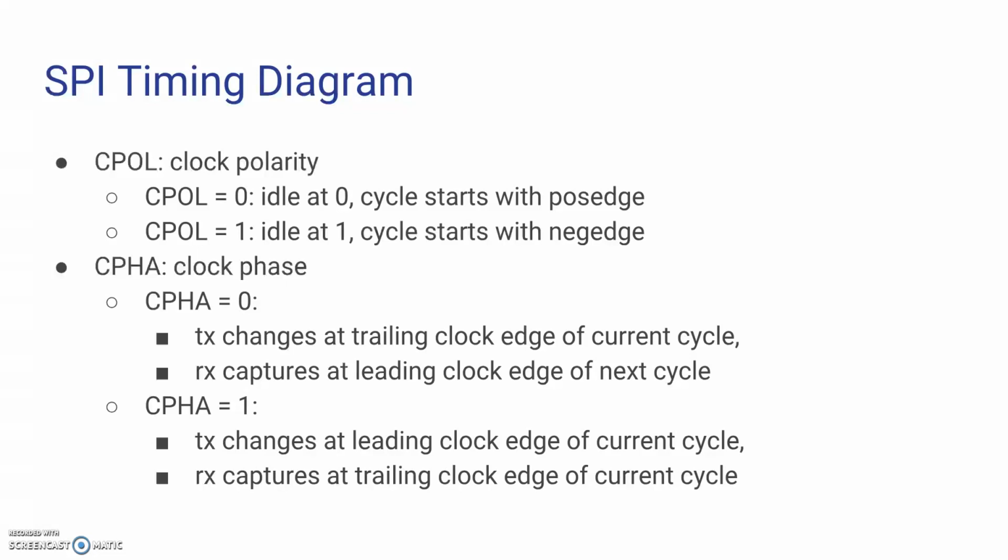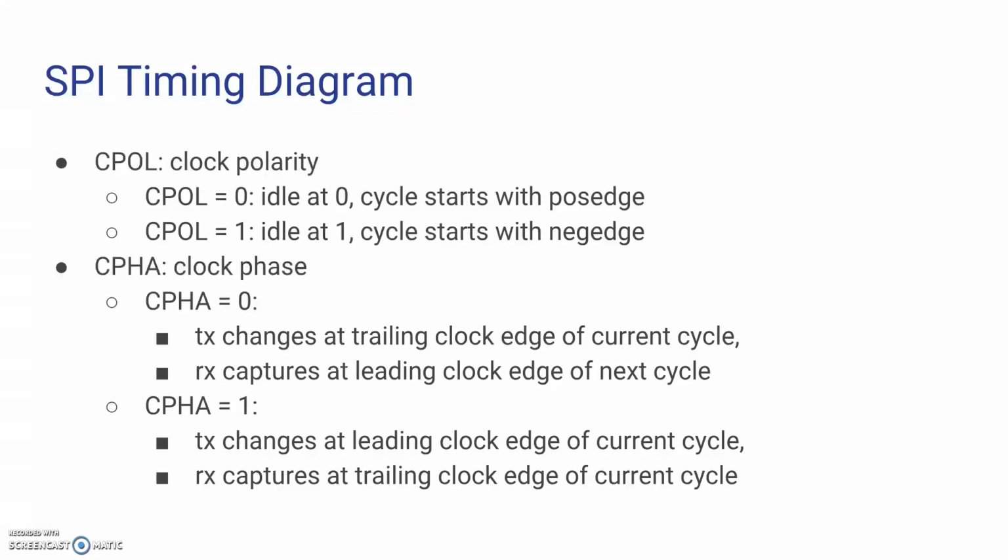And so transmit, again, both MOSI and MISO lines are being transmitted because we're full duplex. Both slave and master are transmitting. RX captures at the leading clock edge of the next cycle. And this will make more sense when we get to the next slide.